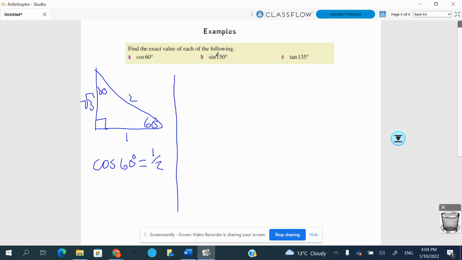Now let's have a look at this one. This one is going to be a value that we need to use the 4 quadrants for. So we've got our 4 quadrants here, 0, 90, 180, 270, and 150 is going to sit somewhere in this second quadrant. And to determine values for this, we're going to use 180 minus theta.